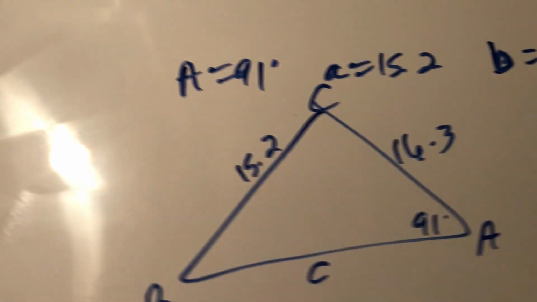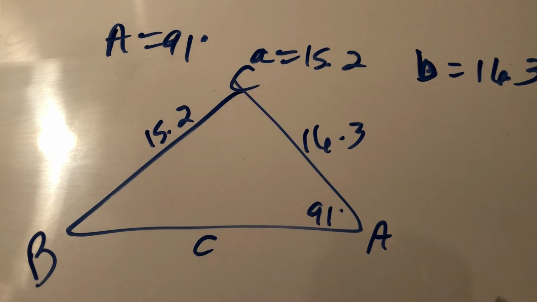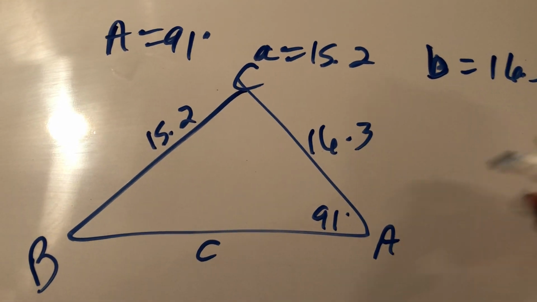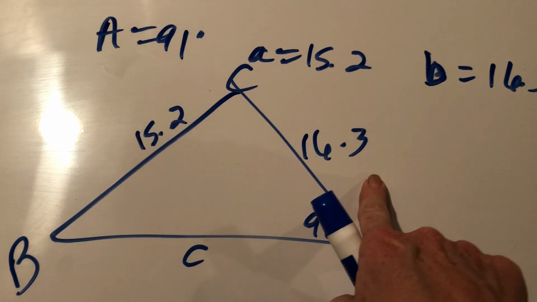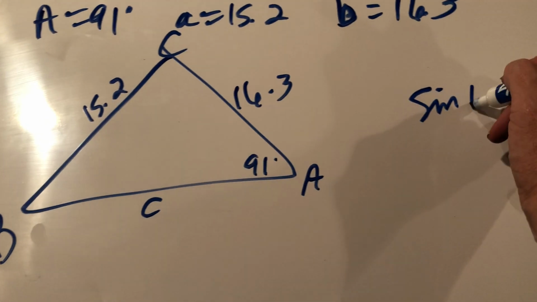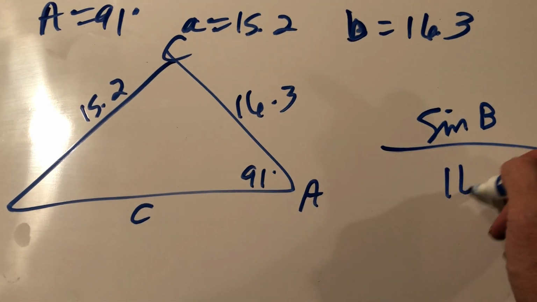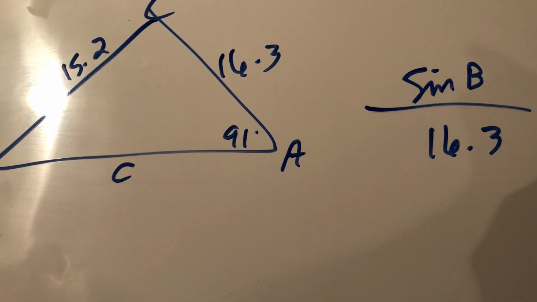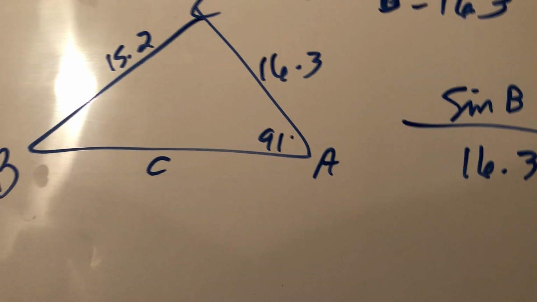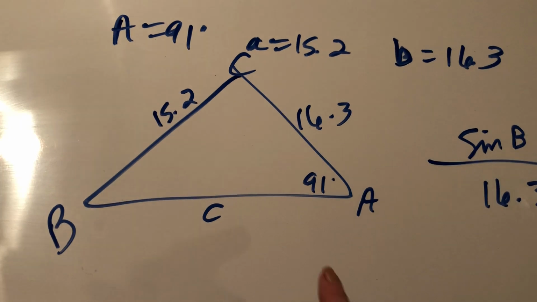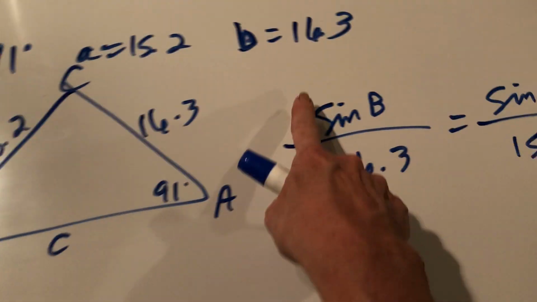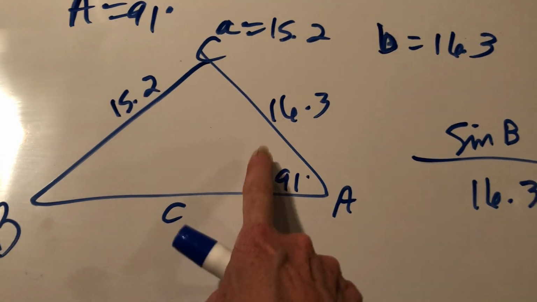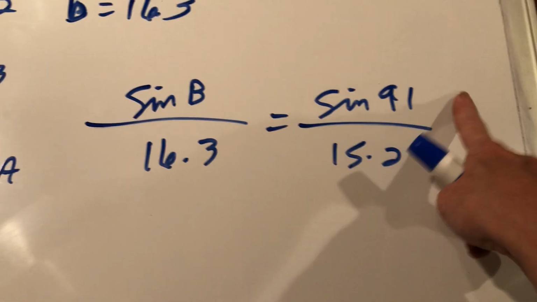So, again, got to find an angle first. I've got to find angle B, because I've got side B. So sine of B over 16.3 equals sine of 91, because that's A, over 15.2.